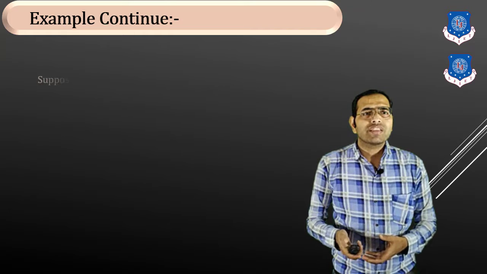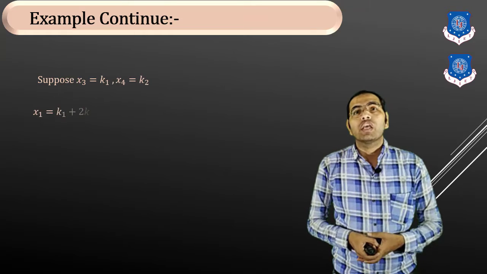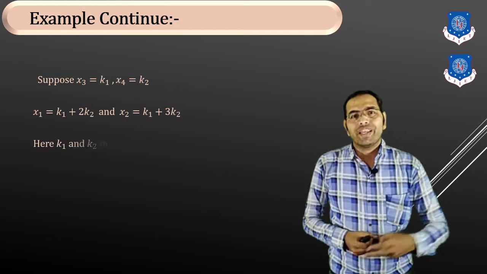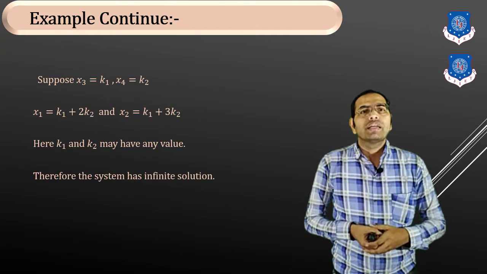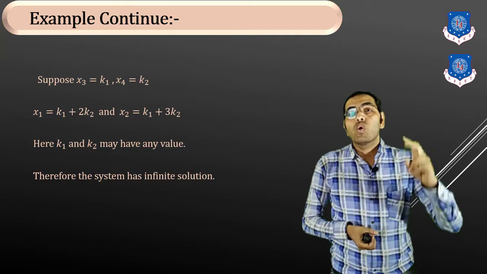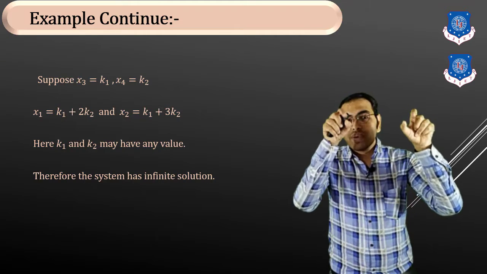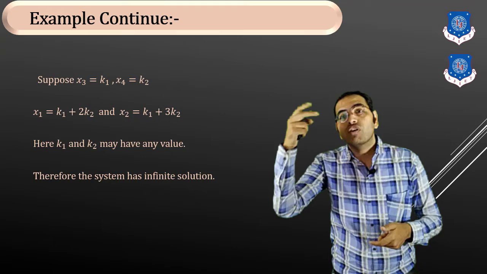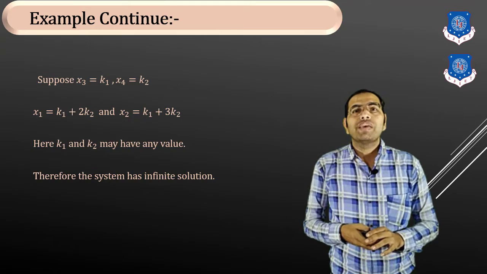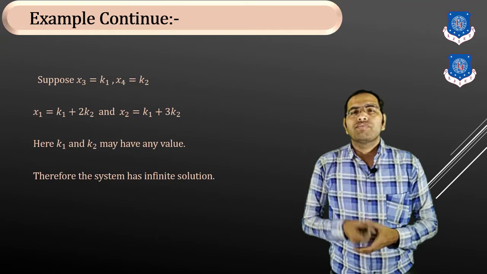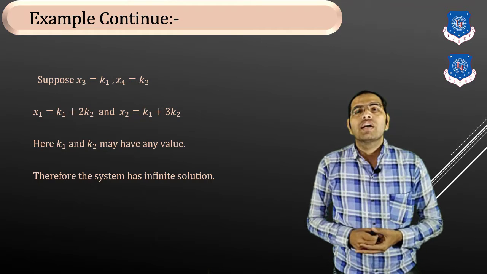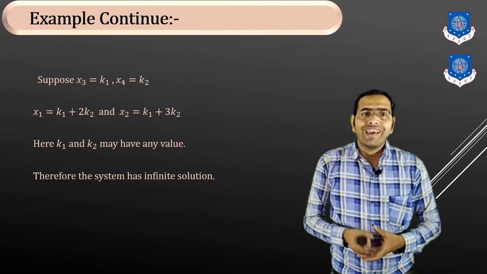Now in this particular example, we have a total of 2 leading elements and a total of 4 variables. That means the first and second columns have a leading 1, and the third and fourth columns do not have leading ones. So x3 and x4 are the free variables, and we assign other variables for x3 and x4.